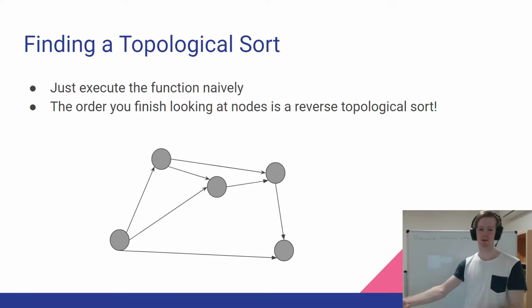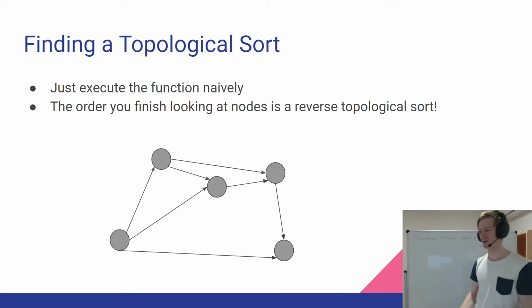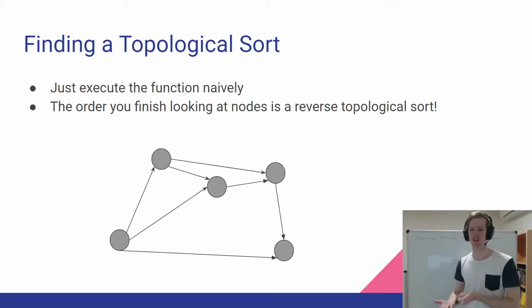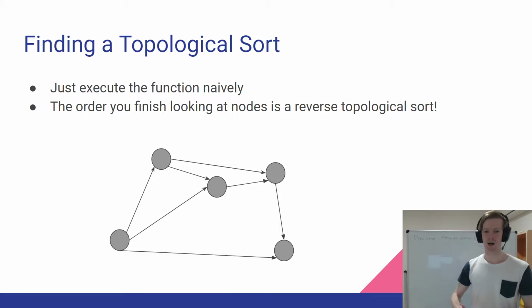So once you get to the bottom dependencies, you're computing the bottom dependencies first. And so you create your topological sort just from drilling down to the bottom of the stack before you're actually able to solve anything.